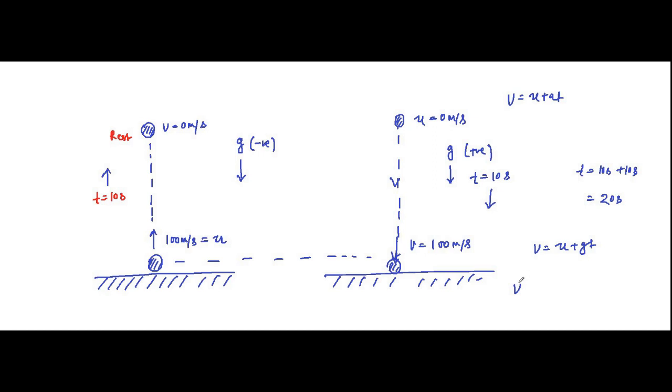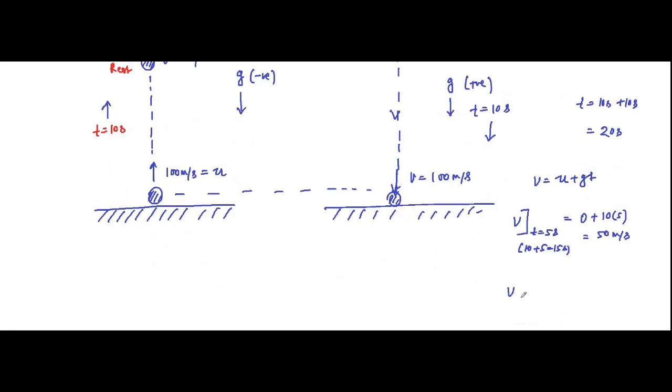So velocity at t equals 5 seconds for the downward phase, but in totality it is 10 plus 5, which is equal to 15 seconds. That is equal to 0 plus 10 into 5, which is 50 meters per second.